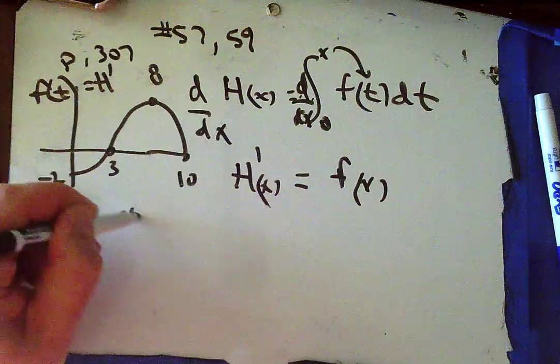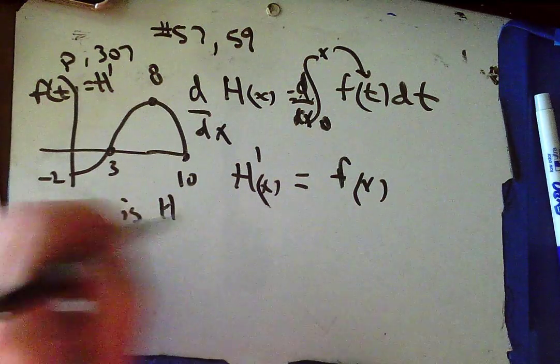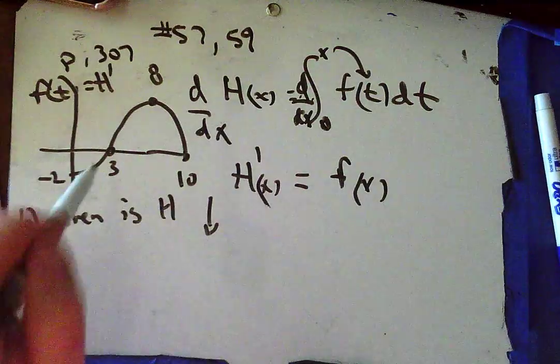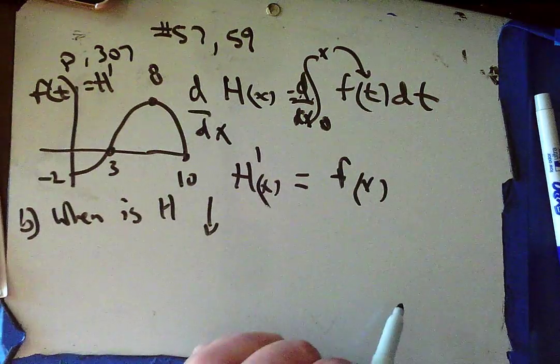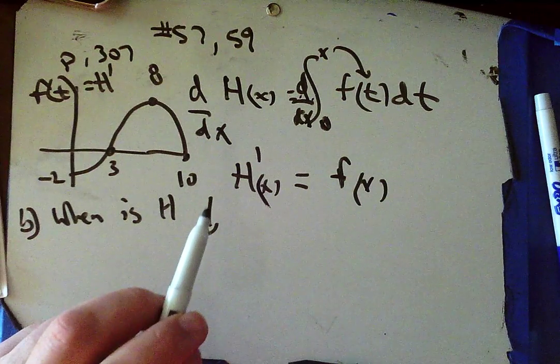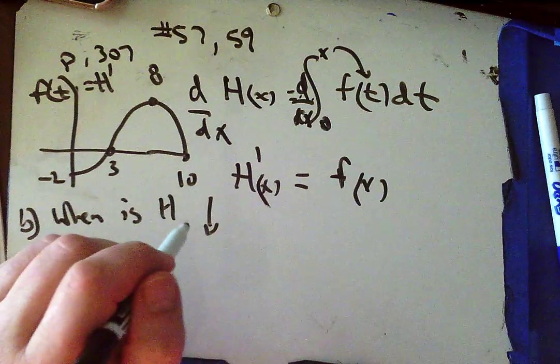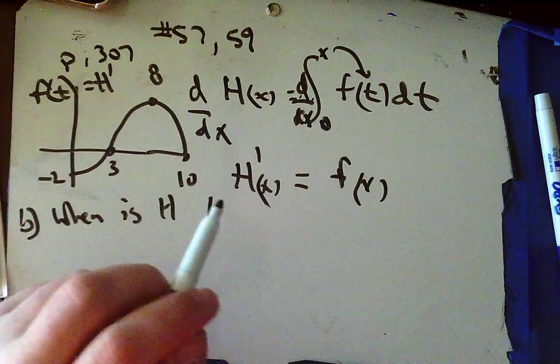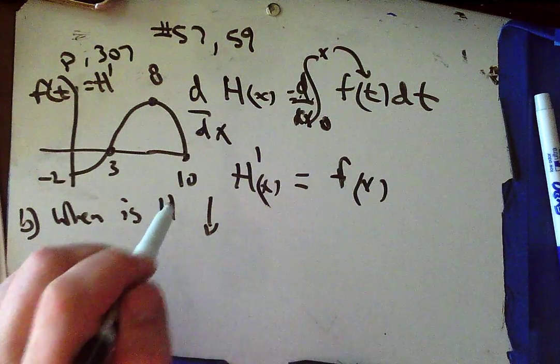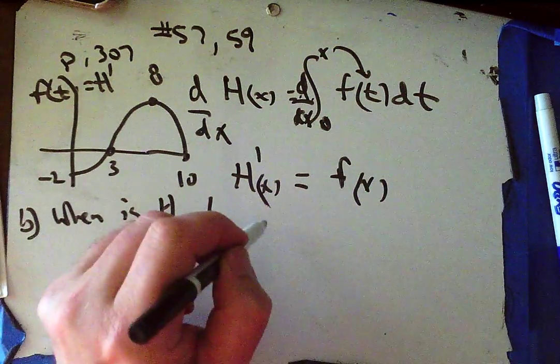Part B. When is h decreasing? Not when is this graph decreasing. This isn't the h function. H is the integral. When is h decreasing? Well, I remember saying in Chapter 5 last semester that if we wanted to know when a function was increasing or decreasing, we would look at the derivative of that function. So, when is h decreasing?